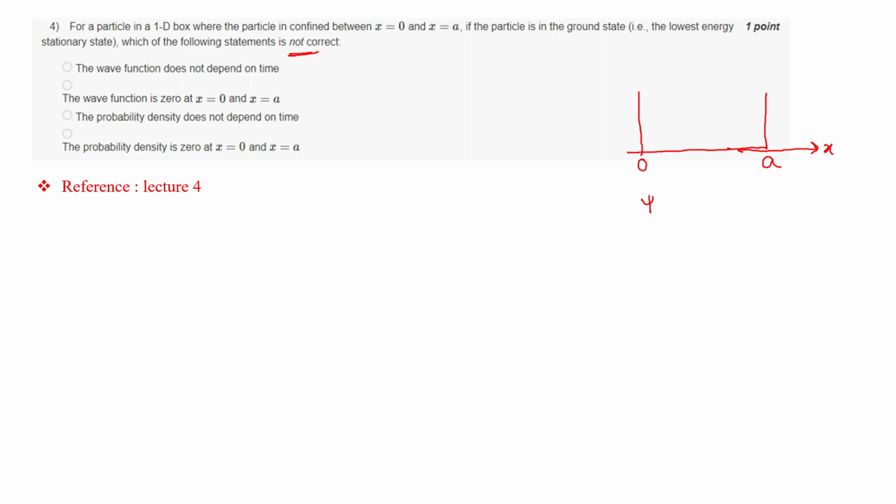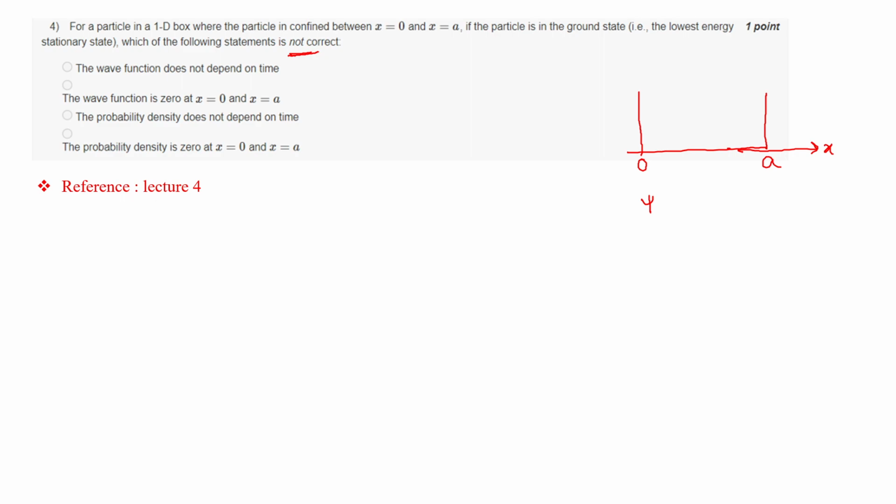Why is the wave function 0 at x equals 0 and x equals a?